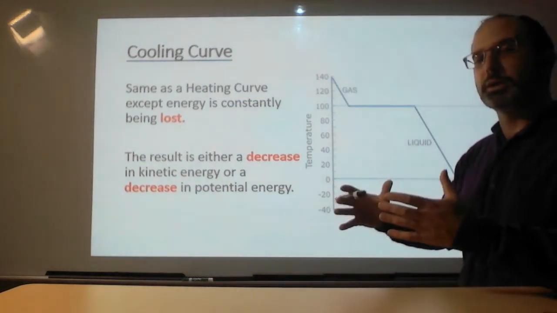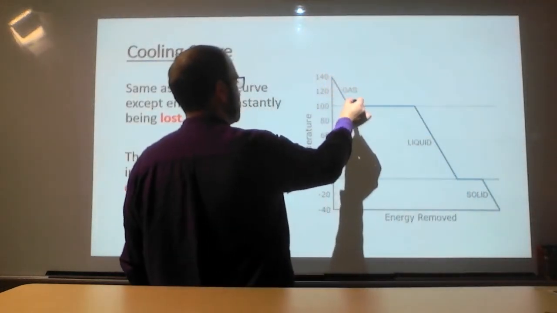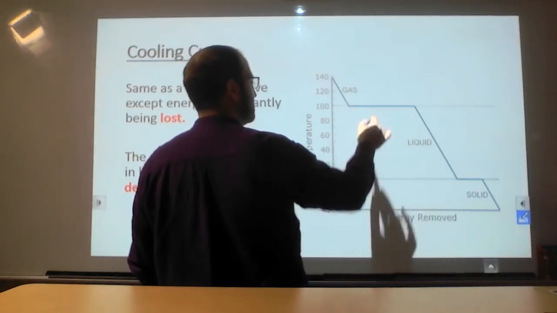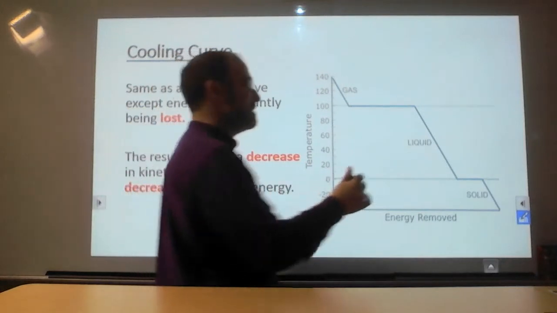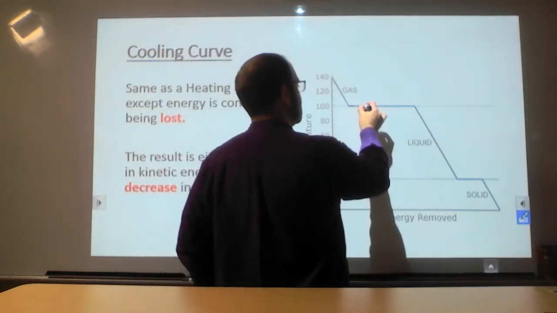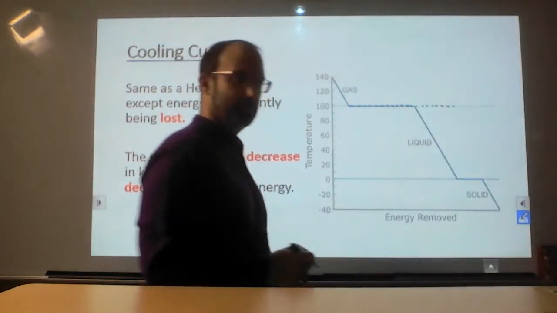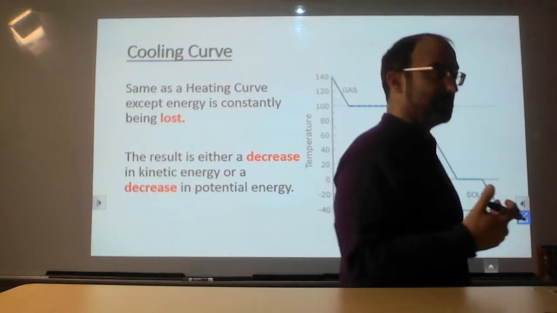So the cooling down part's the same. But then when I get to the transition from gas to liquid, because there's more of it, it will take longer to cool down. So I'm expecting that this will be longer. How much longer depends on how much more material there is.